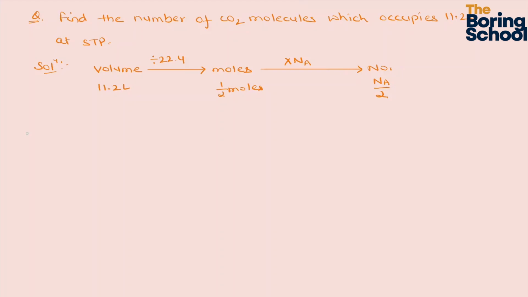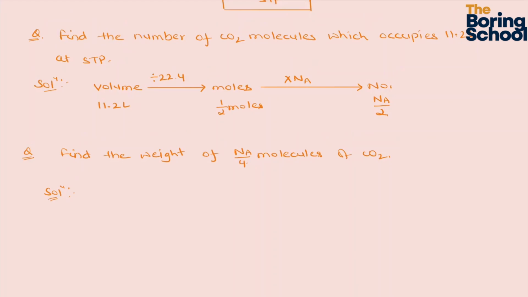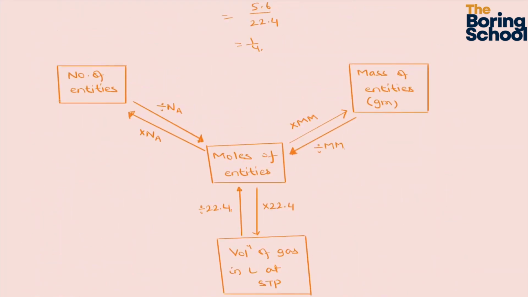Let's take one more question. Find the weight of Na by 4 molecules of CO2. So in this, number is given. We can see by the map that if number of entity is given and they're asking mass of entity, how will you approach?